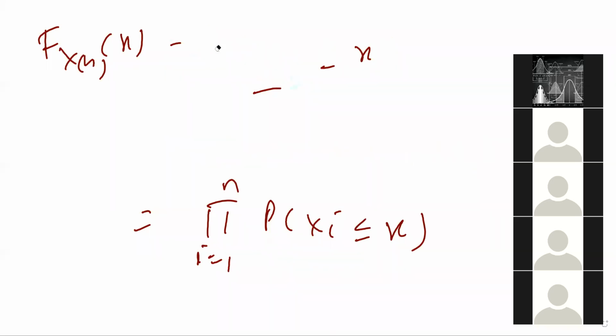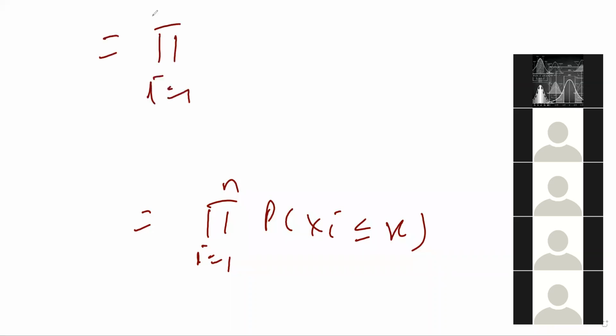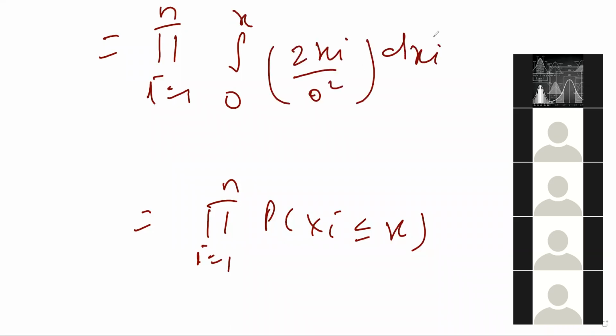Okay. So now how to find the probability of xi less than or equal to x? It is the product over i equal to 1 to n, and why is this a product? Because these are IIDs. So it will be the integral from 0 to x of 2xi upon theta square dxi.